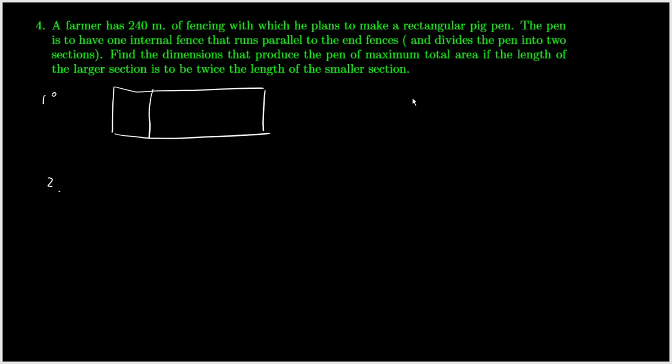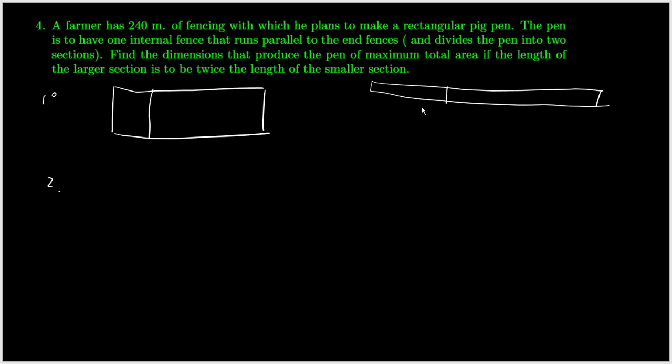If you want me to make more comments, the pig pen can be something like this, as long as it is long enough. The total fencing is 240 meters, and the length of the larger section is twice the length of the smaller section.